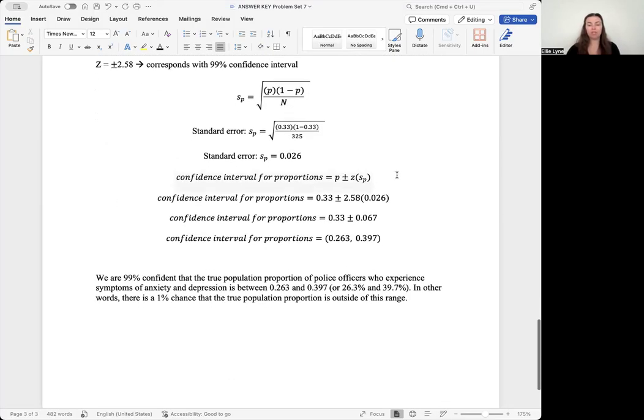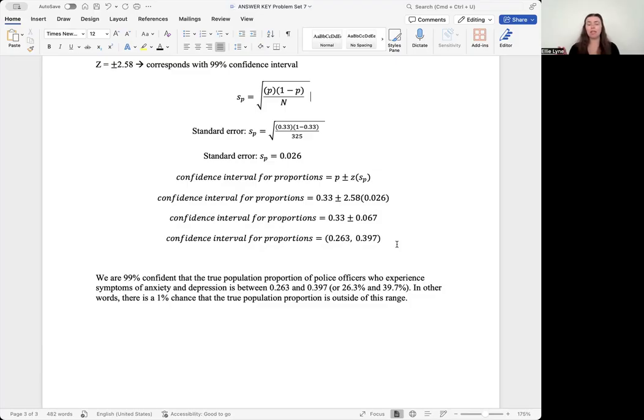Again, our base formula here for confidence intervals for proportions is P plus or minus Z multiplied by our standard error. And so once you go and plug this in, this is what your formula should look like. Once you go ahead and both add and subtract those values, you should get a confidence interval for those proportions of 0.263 and 0.397.